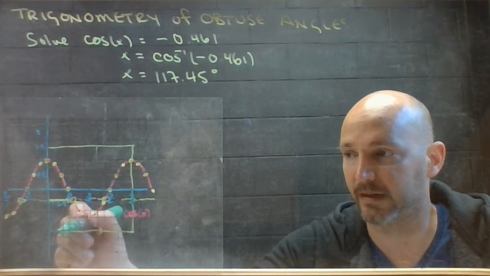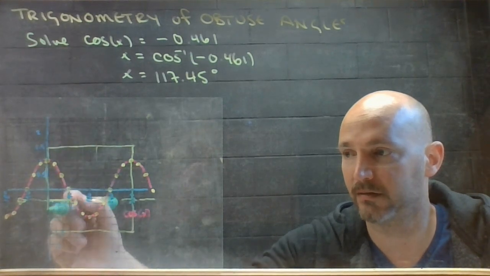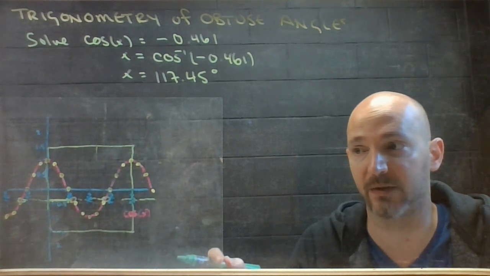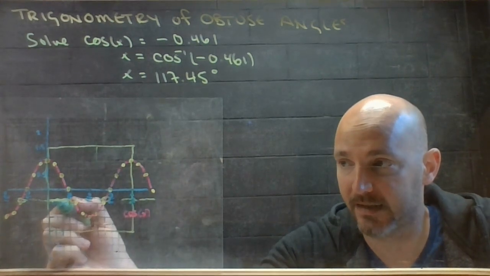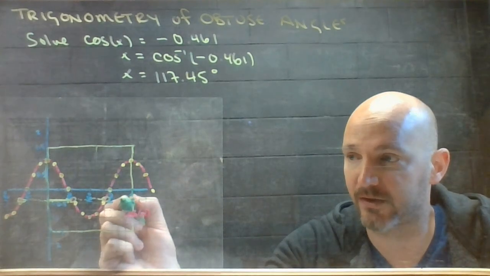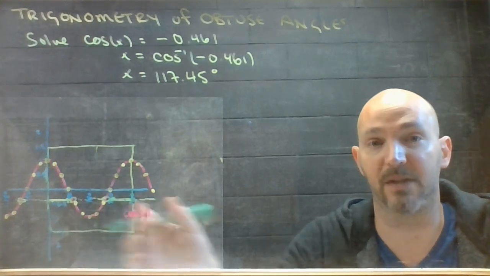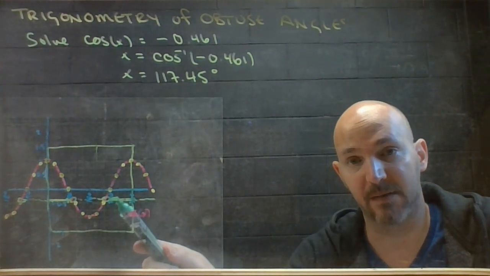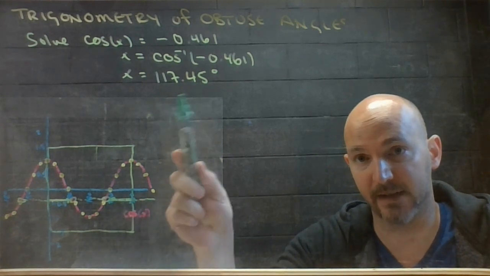Let's put a box around there. If you look just in there, that pattern is completely symmetrical. And then this distance has to match that distance there because of the symmetry.